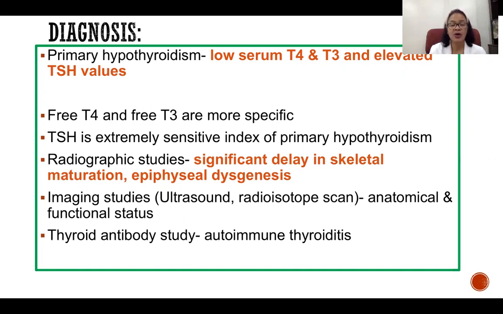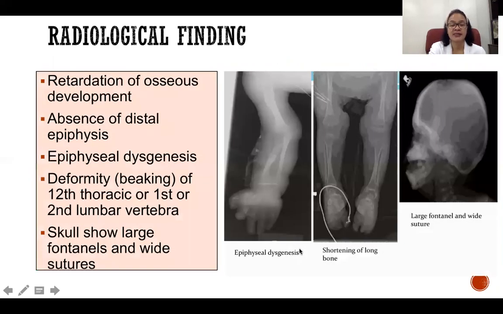And then when you do your x-rays, there is a significant delay in the skeletal maturation, or also there is a dysgenesis of the epiphyseal area. You can also do some imaging studies, also thyroid antibody study, no, if you are entertaining autoimmune thyroiditis. Okay, so this could be some of the radiologic findings in patients with congenital hypothyroidism.